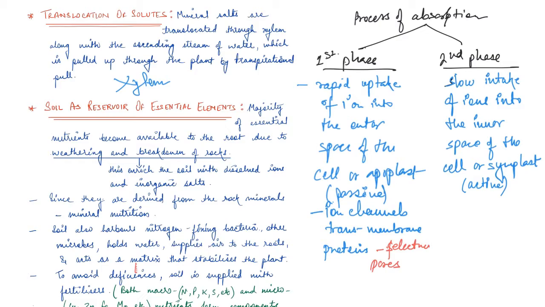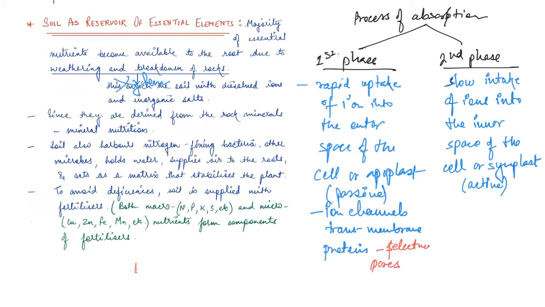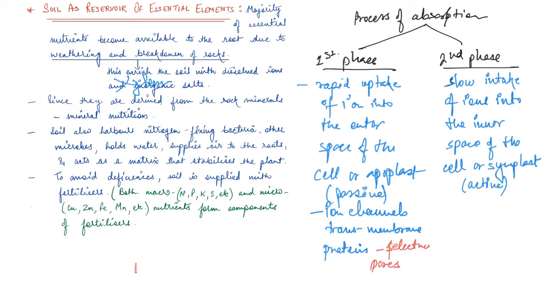Because the majority of the nutrients which are essential for growth and development of plants become available to the roots due to weathering and breakdown of rocks, which means they are available to the roots from soil. Now these processes, these weathering and breakdown of rocks, keep enriching the soil with dissolved ions and inorganic salts.